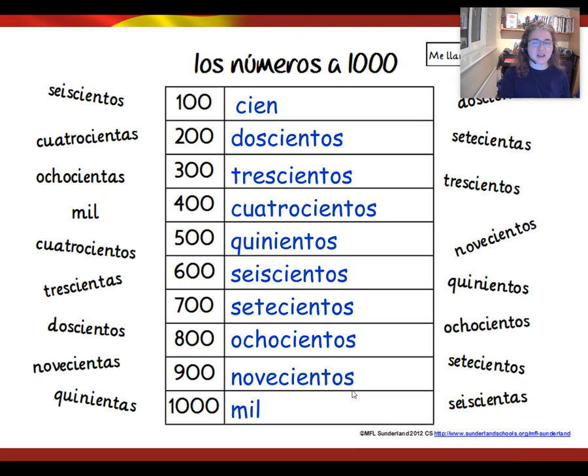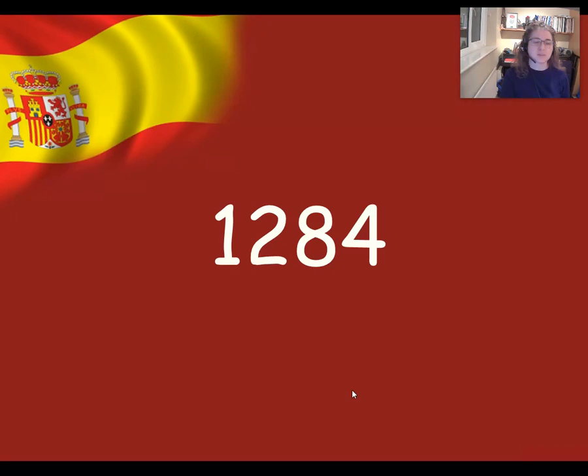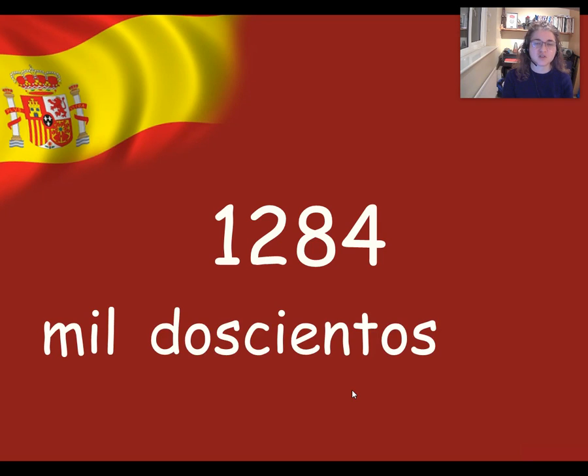Very good. Let's have a go then of using some of those numbers to put together some 4-figure numbers in Spanish. Here's one: 1,284. So, starting with the thousands, then the hundreds, then the tens, then the ones. So, first of all, we need to say 1,000. What's that? That's right, mil. Then 200. So, what will come next? Doscientos.